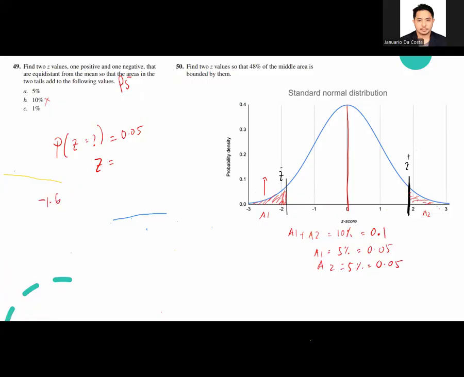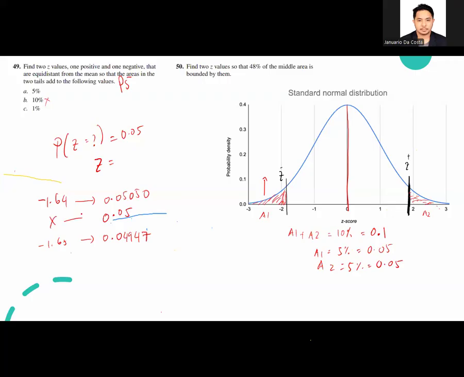Negative 1.64 corresponds to an area of 0.05050, and negative 1.65 corresponds to 0.04947. But we want to know 0.05, correct?